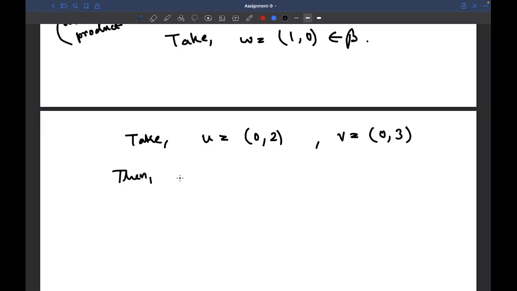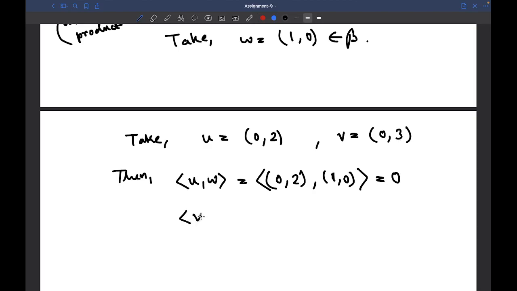Then U inner product W, what will it be? <(0,2),(1,0)>, you get 0, and <V,W> = <(0,3),(1,0)> is again 0, right?